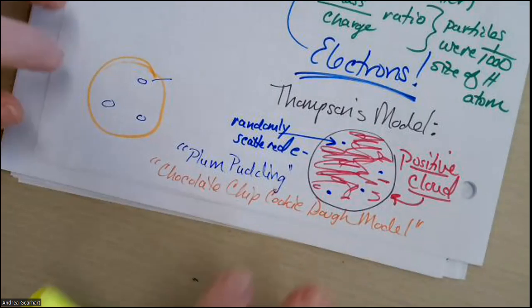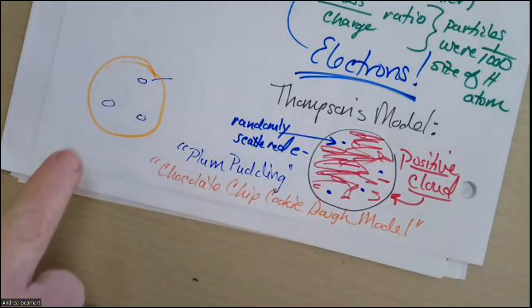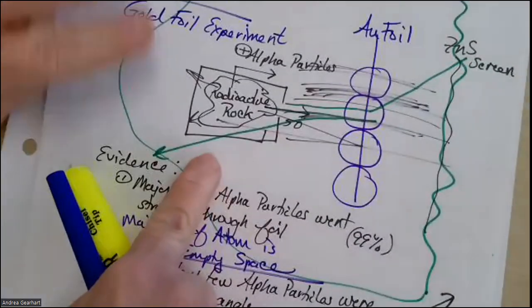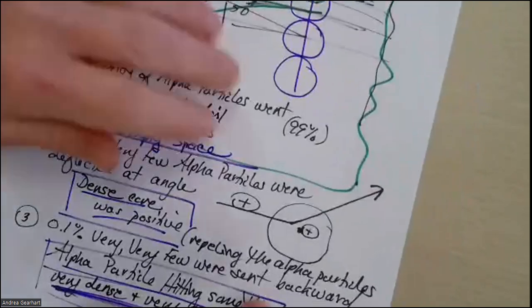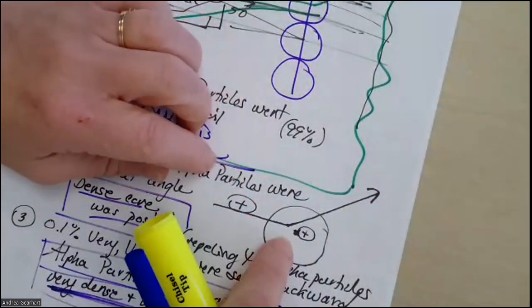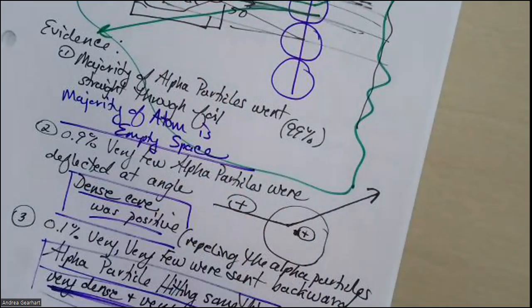He didn't know what was positive, so he just said it was a cloud. So Rutherford tried to get more evidence of that, but then by golly, found that it's not a positive cloud. It's an incredibly, incredibly dense nucleus where the positive is.